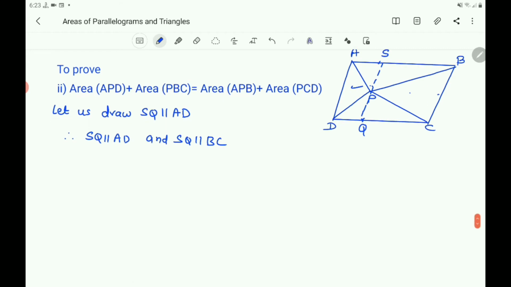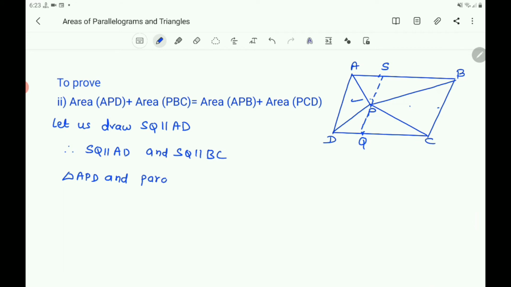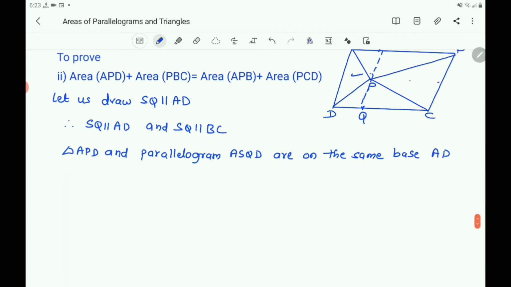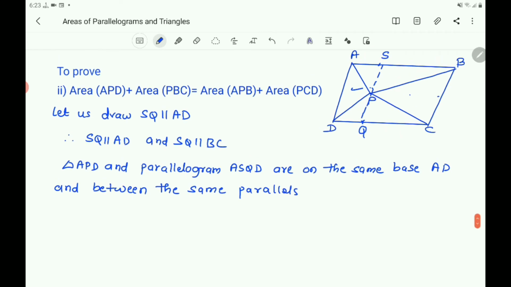So write: triangle APD and parallelogram ASQD are on the same base AD and between the same parallels AD parallel to QS.